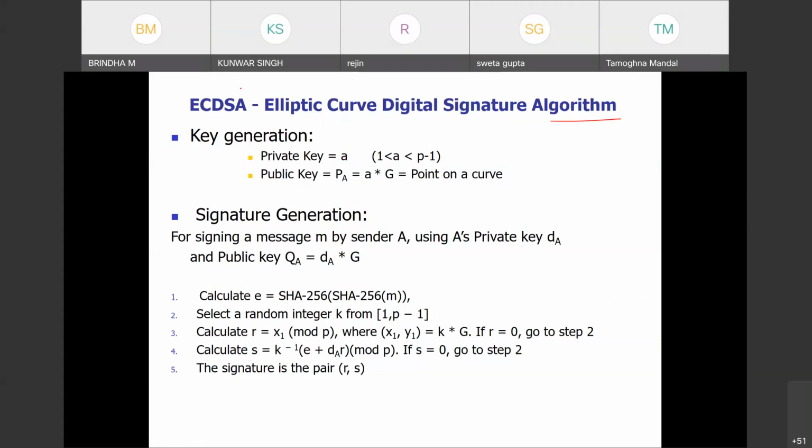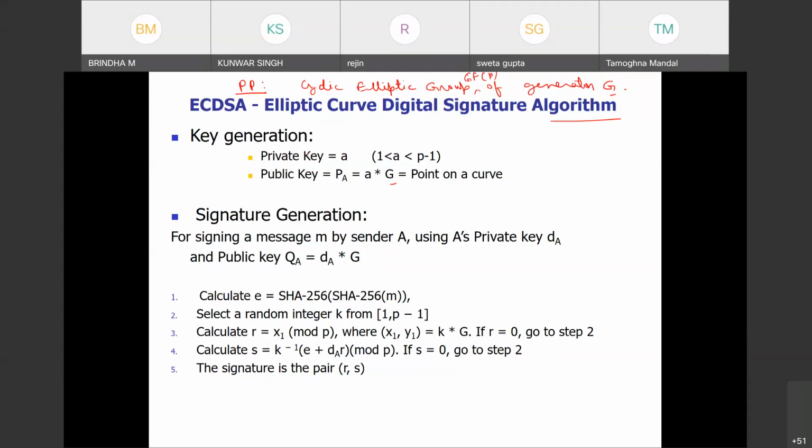Again you see there will be public parameters, same as the previous case: the cyclic elliptic group with generator Z over the field GFP.